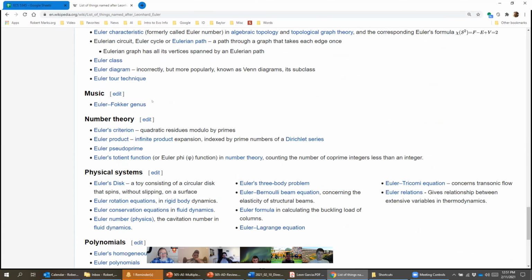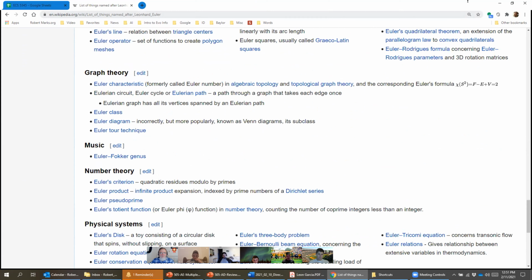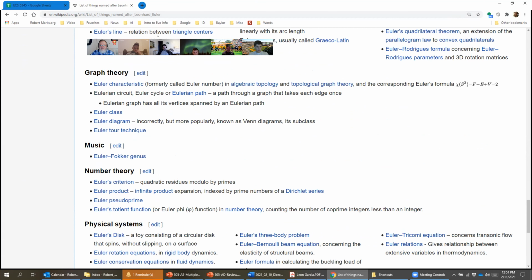I have to look up the music. I didn't know about that. Number theory, physical systems, polynomials, and a bunch of other stuff. So the guy was really prolific. He did incredible stuff, and was, again, maybe the greatest mathematician that ever lived.